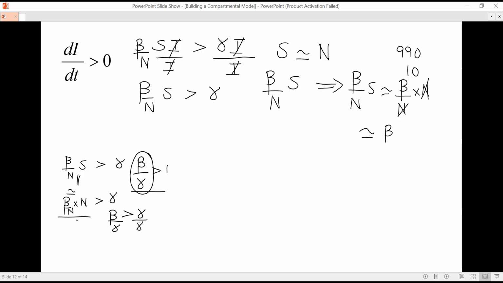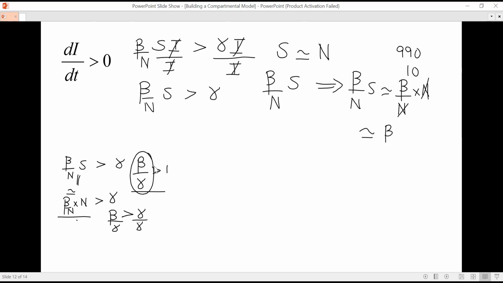So in the beginning, the number of susceptible is close to N. If you take the population of Kenya, 52 million, and you bring one person, 52 million minus 1 is close to 52 million, which is N. So we can compare the beginning S to N.